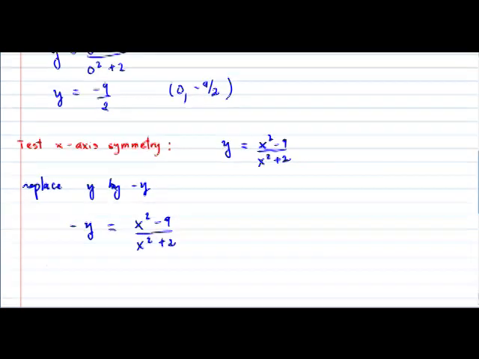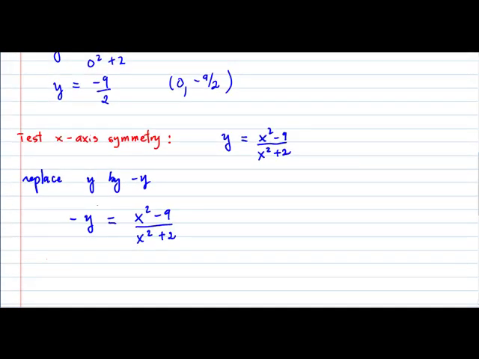Then I'm going to simplify this equation by multiplying the whole thing by minus 1. So minus 1 times minus y is positive y. Minus 1 times this fraction, but this is a whole number, so I put a minus and then x squared minus 9 over x squared plus 2.